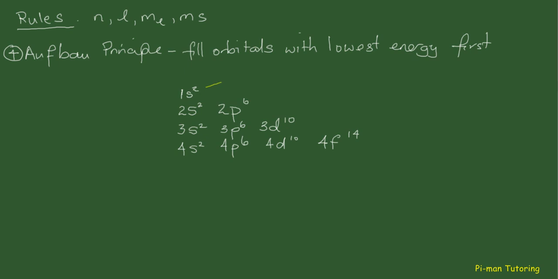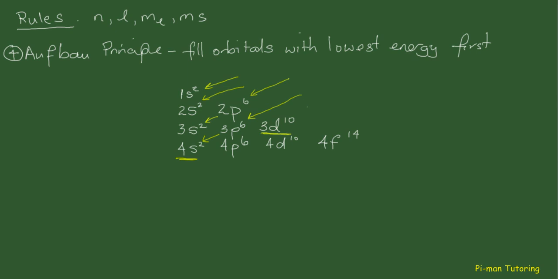So here we have 1s2 being filled first. The next diagonal takes us to 2s2. Again, coming in on the diagonal, 2p6 fills up, and then 3s2 fills up, and then 3p6 fills up, followed by 4s. And notice the subtle change in sequence here, that the 4s is filling up ahead of the 3d.